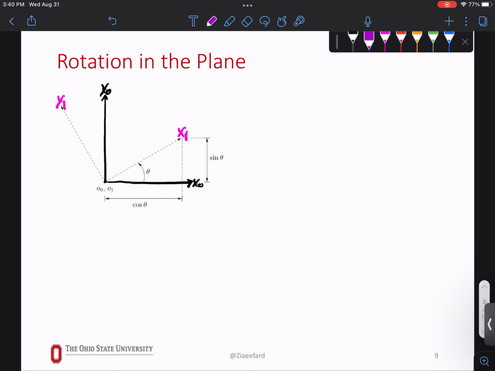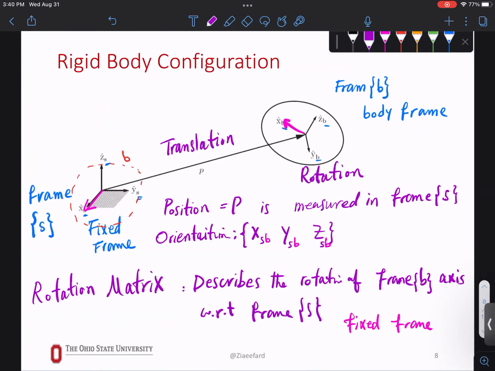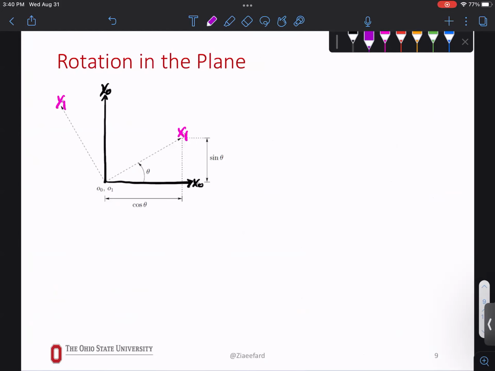One way is, do you remember when I was talking about this, I said that this is to find out how much the x-axis rotated with respect to the other axes, X, Y, and Z. So here we have only X and Y. We are going to find out how much the new X1 is rotated with respect to X0 and Y0.